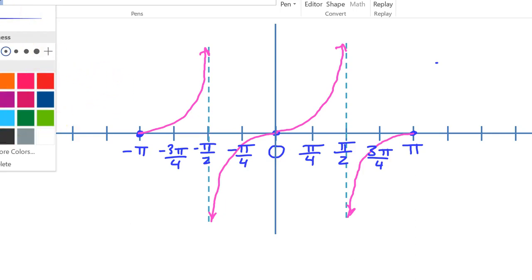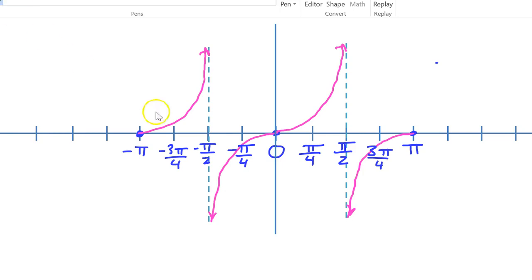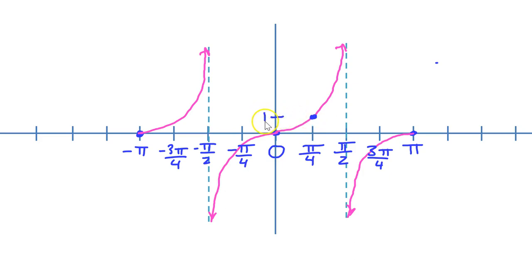It is the stretch value, and it's going to occur halfway in between the x-intercept and the asymptote. So let's start over here. Here's the x-intercept, here's the asymptote, here's the point that's halfway in between. That point should occur at the a value, which was 1.